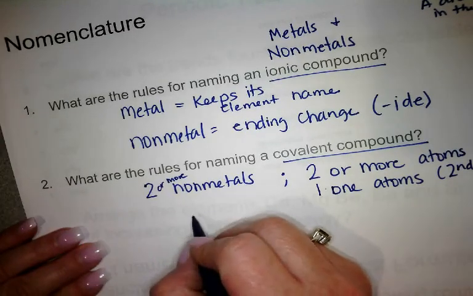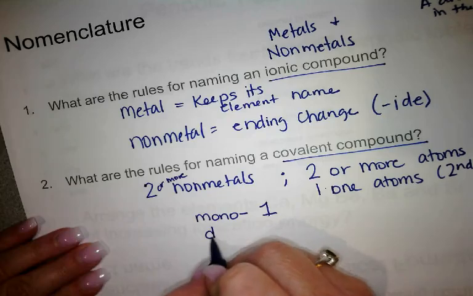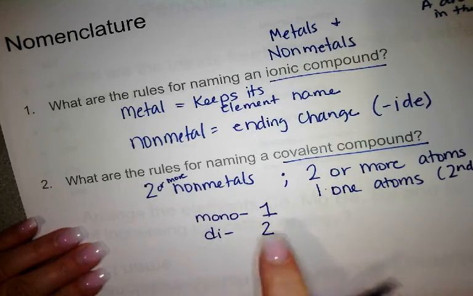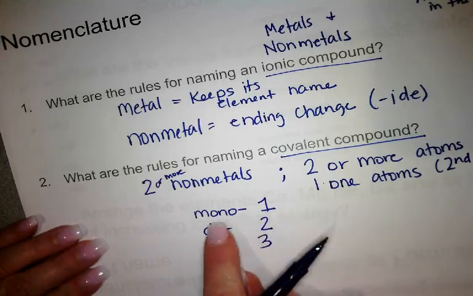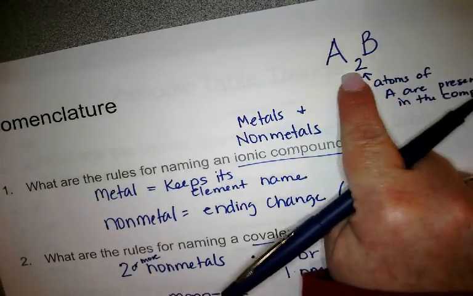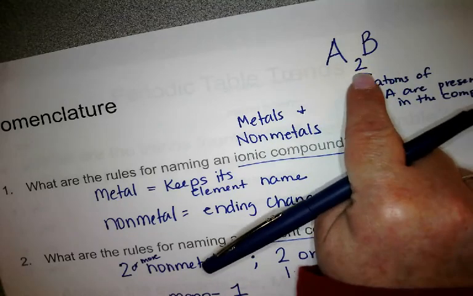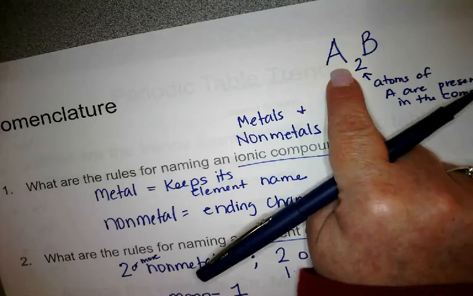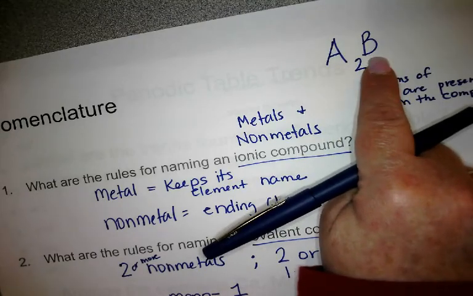So if you remember, we would have mono, 1, di, 2, tri, 3, and so on. If we were to write out, and I'm going to show you examples here in just a second of what this looks like, if these were two nonmetals, this one would be di, whatever element this is, and this one here for B, that second element, would be mono.